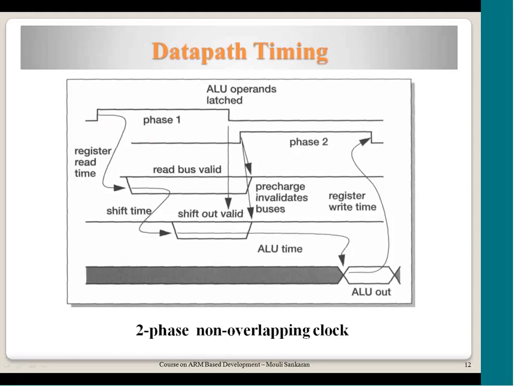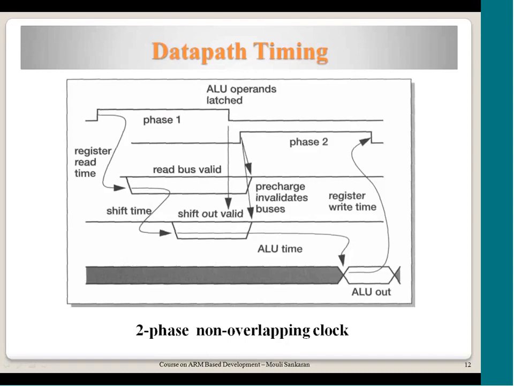Now what happens during this time? Why is it required? First of all, the entire circuitry in the datapath of ARM doesn't operate on edge triggers. These are all level triggered and implemented using transparent logic or a D flip-flop, which you might have heard about in digital design courses.